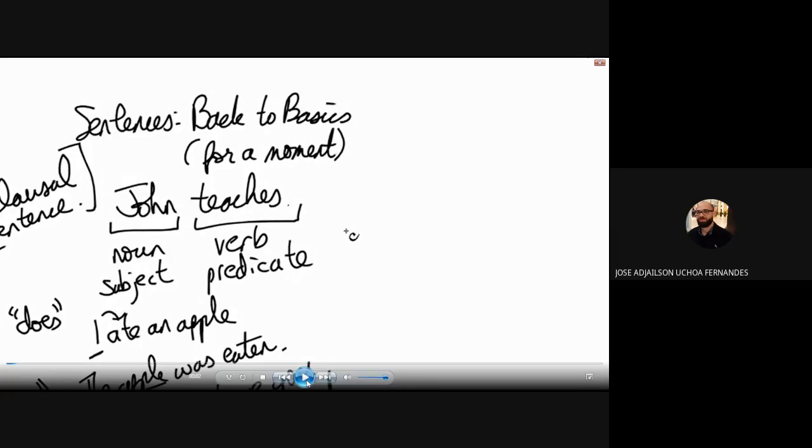It's very important that you follow his argument, okay? He is working with very basic types of sentences, with clausal sentences, and also the canonical ones. Although at some moment he mentions non-canonical structures like the apple was eaten, just to show us how this definition of the subject doing the verb does not work all the time.